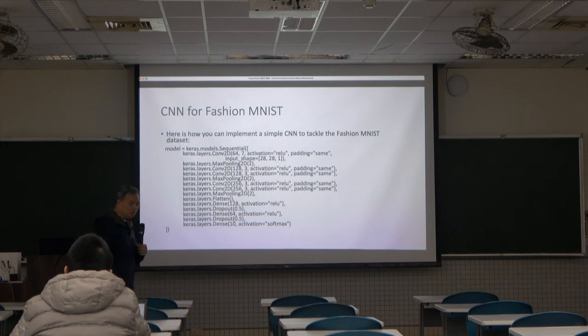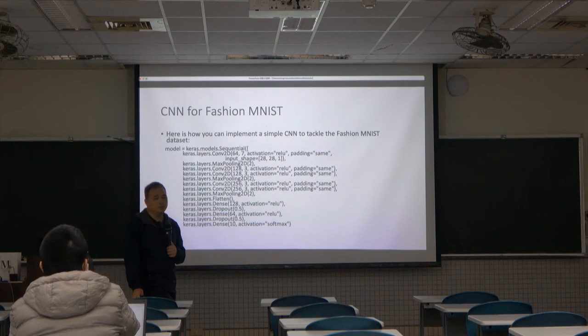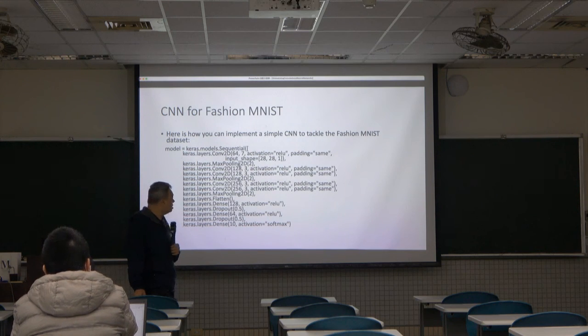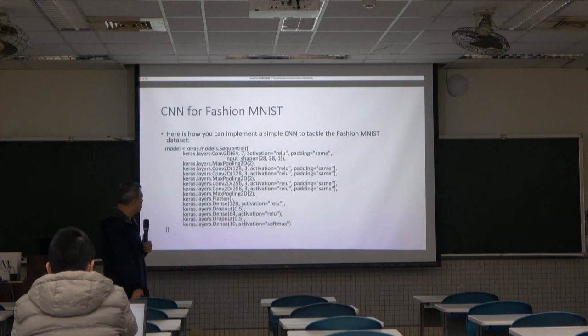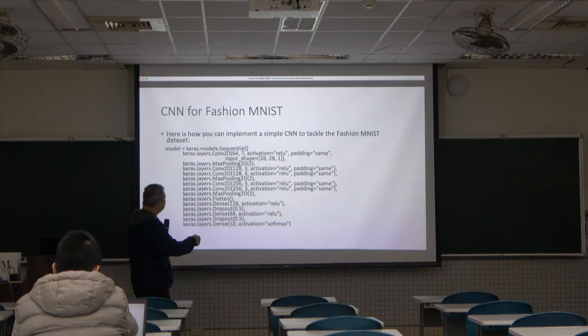This is a big kernel, actually a huge kernel, because normally we don't use any kernel size larger than 5. So this is one exception, actually maybe just a little bit too big. But anyway, activation is ReLU, padding is same, input shape is 28, 28, 1. I don't think you have any problem with this.